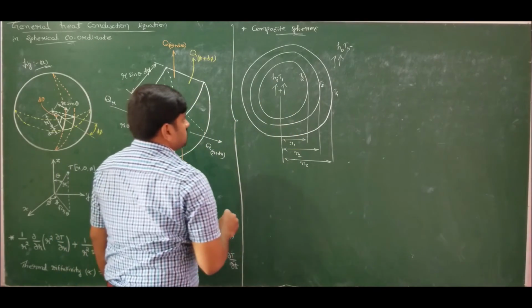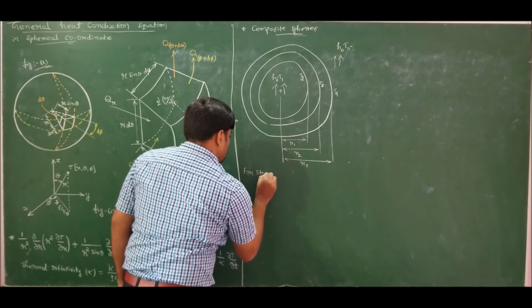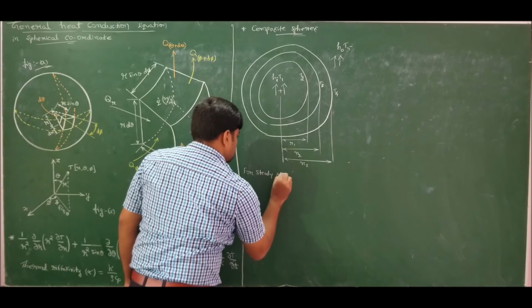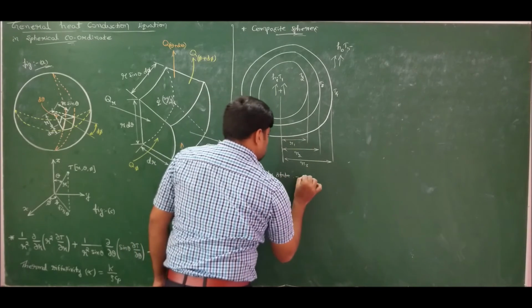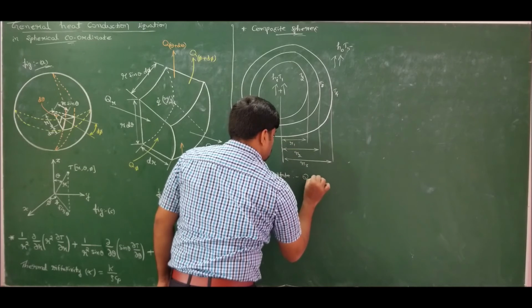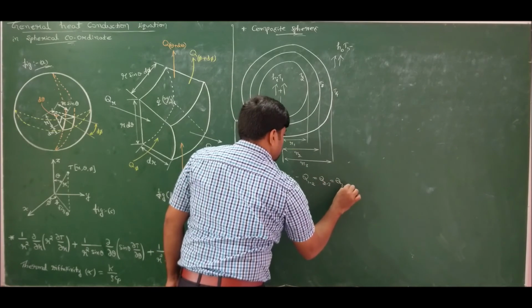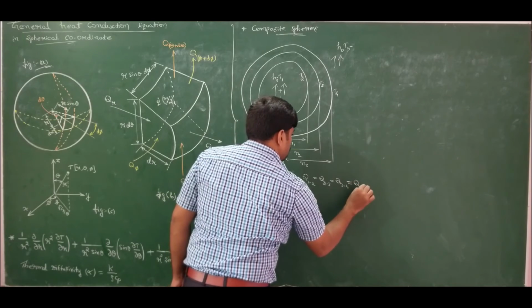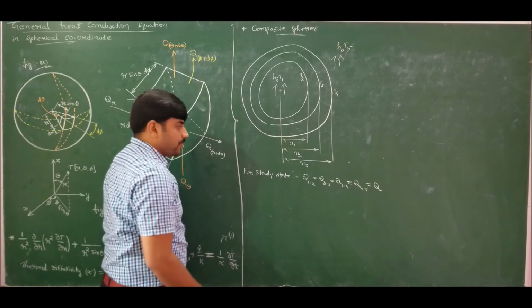Now for steady state heat transfer, we know that the rate of heat transfer is constant, that is Q1 to 2 will be equal to Q2 to 3, will be equal to Q3 to 4, will be equal to Q4 to 5, which is constant Q.